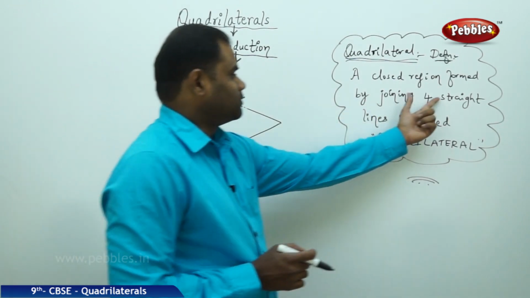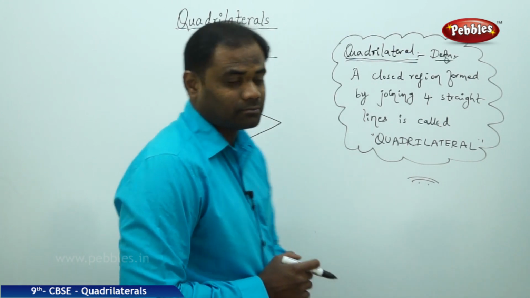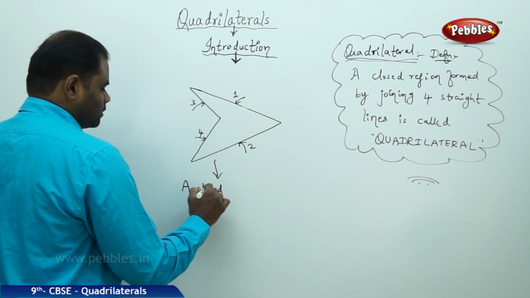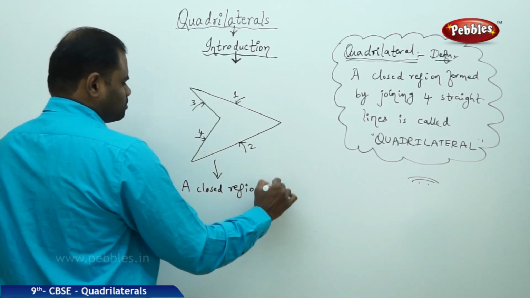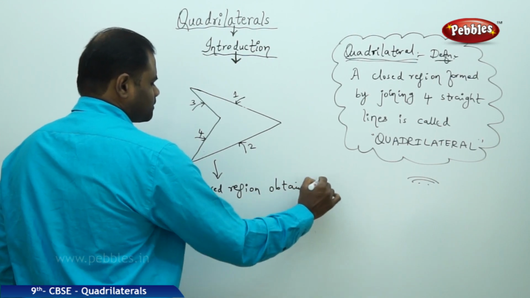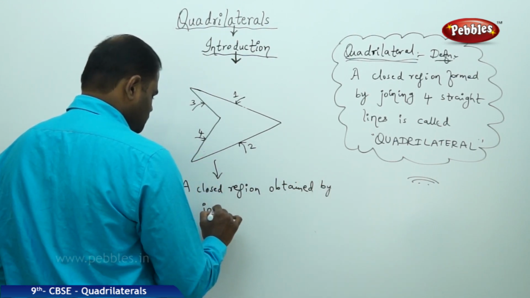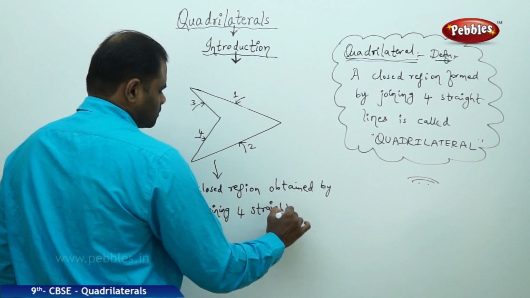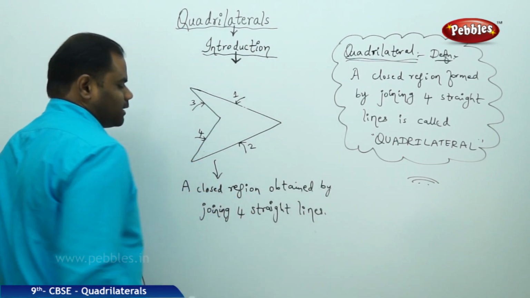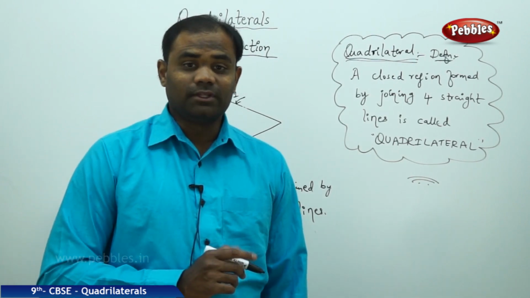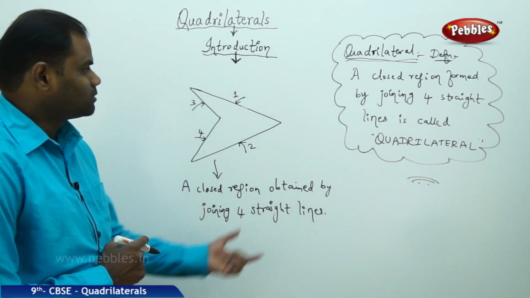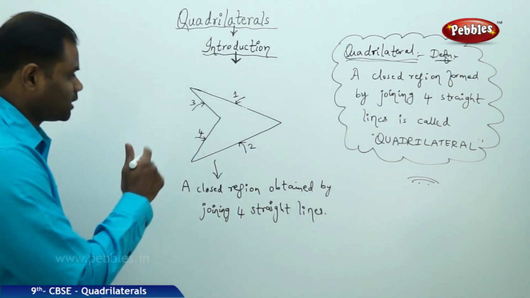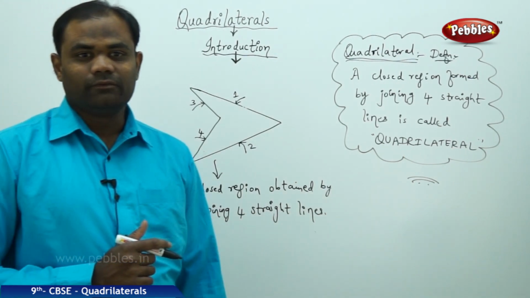The four straight lines are joined to form a closed region obtained by joining four straight lines. So let's see if this is a quadrilateral. Yes, according to the definition, this is a closed region formed by joining four straight lines, and this is a quadrilateral.